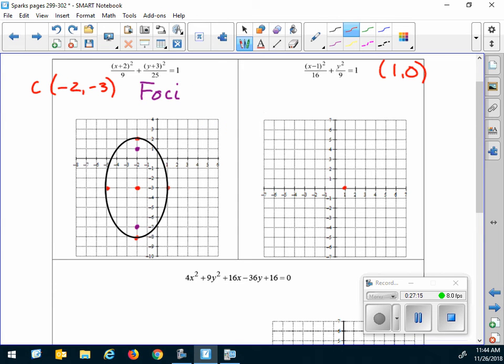Under the x's, so it's going to run parallel to x. What is A? A is 4. So the distance between the center and a vertex is 4. 1, 2, 3, 4. 1, 2, 3, 4. And the distance between the center and a covertex is 3.